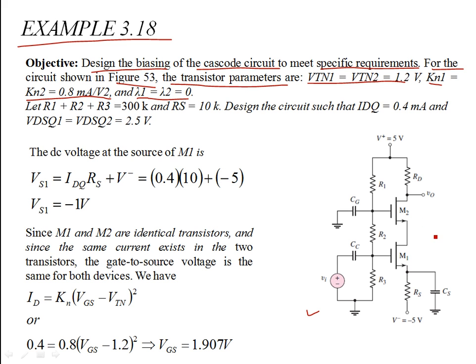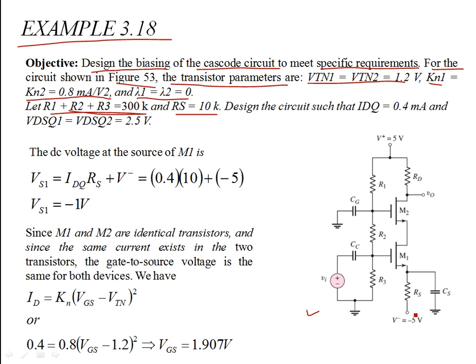So you see, if you have to operate this cascode configuration as an amplifier, then both M1 and M2 have to be in the saturation region. The specifications are such that the addition of all three biasing resistances, R1, R2, R3, is 300 kilohms.